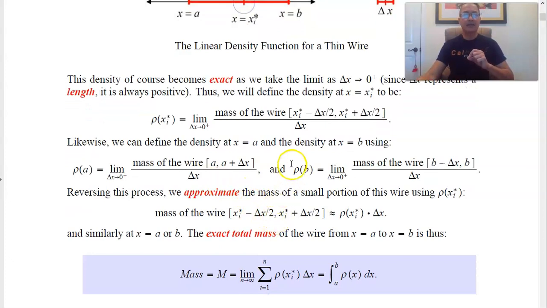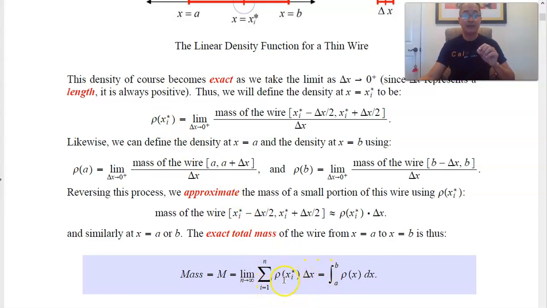So what that means is we can solve for the mass of that piece of wire approximately as the density multiplied by delta x. So you move the delta x over to the left side to join the density function. And then what do we do?